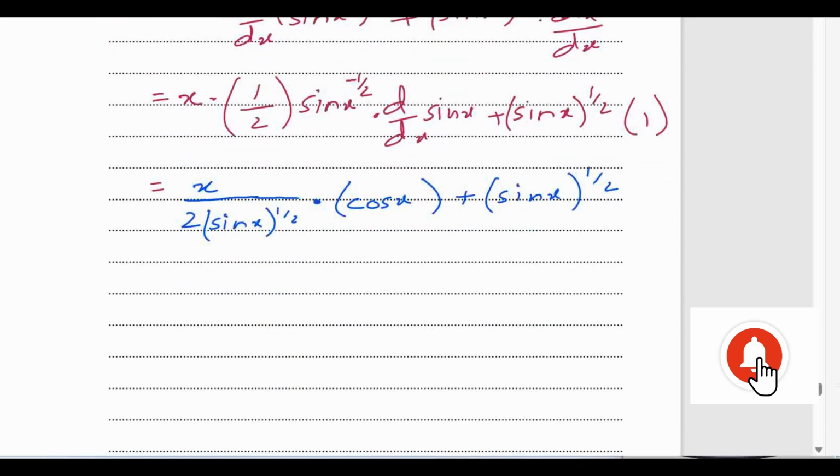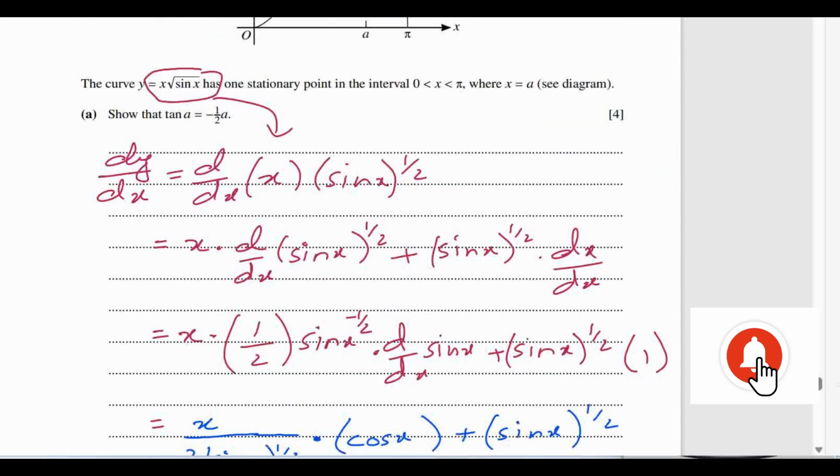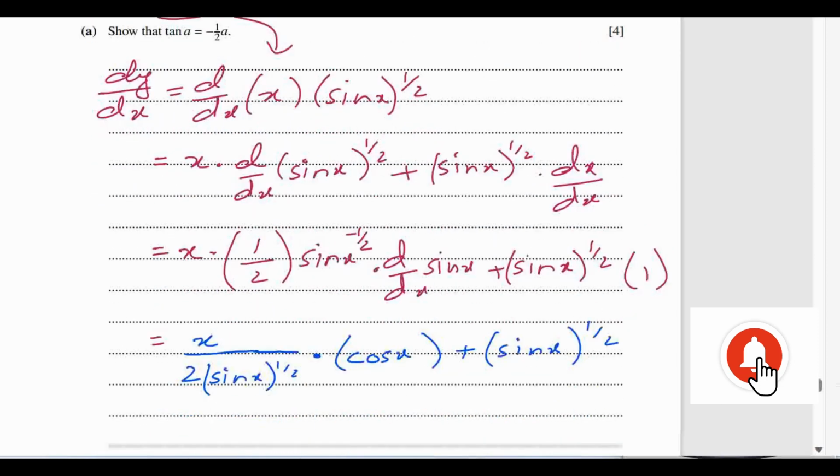Further this will be equal to 0. So now what we have to do is see that at x equals 0, where x is equal to a, we have to replace it.